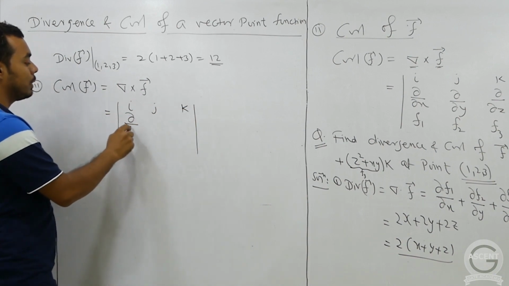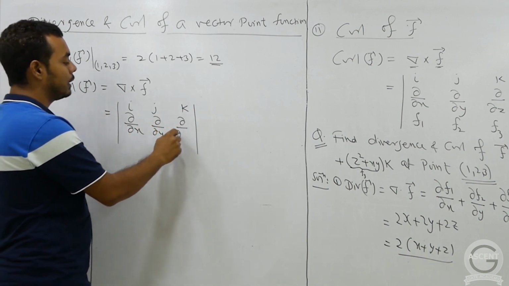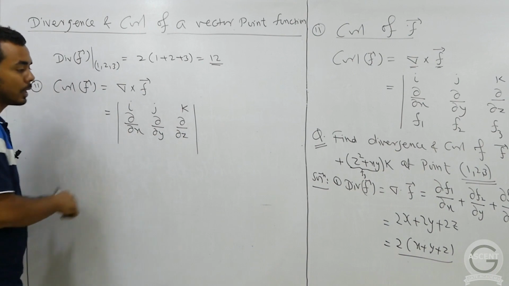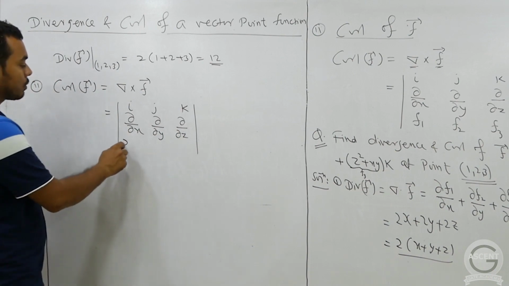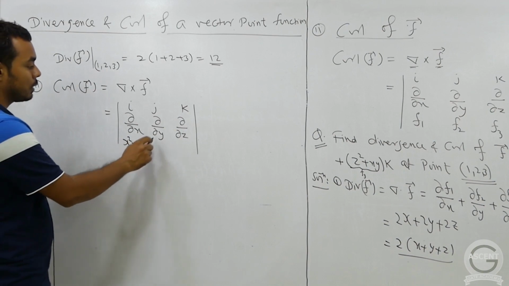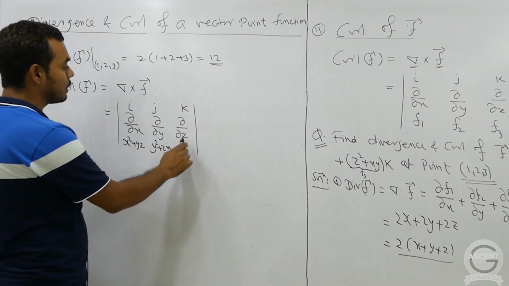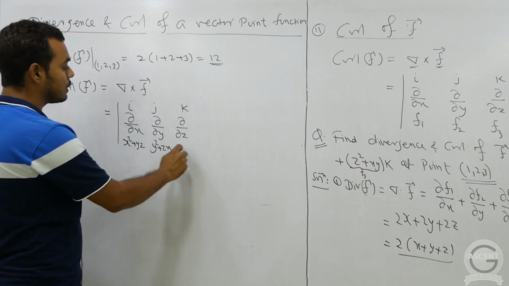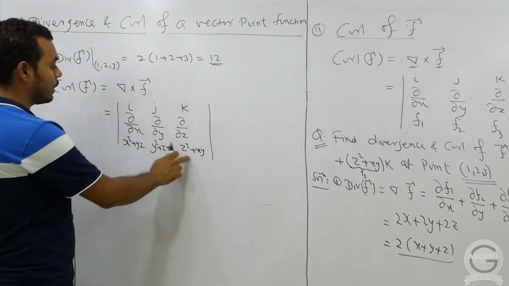The first row will be del by del x, del by del y, del by del z. Sorry, this will be the second row, and the third row will be f1 is x square plus yz, f2 is y square plus zx, and f3 is z square plus xy. So this is f1, f2 and f3.